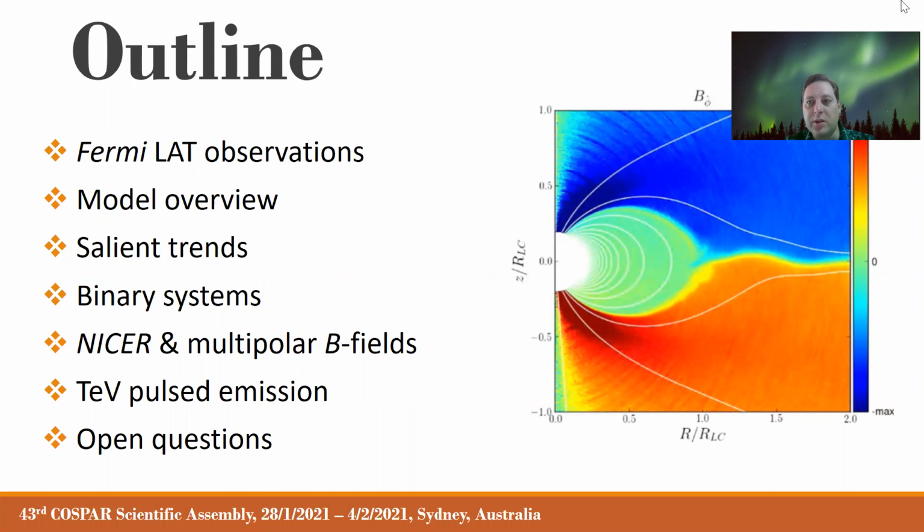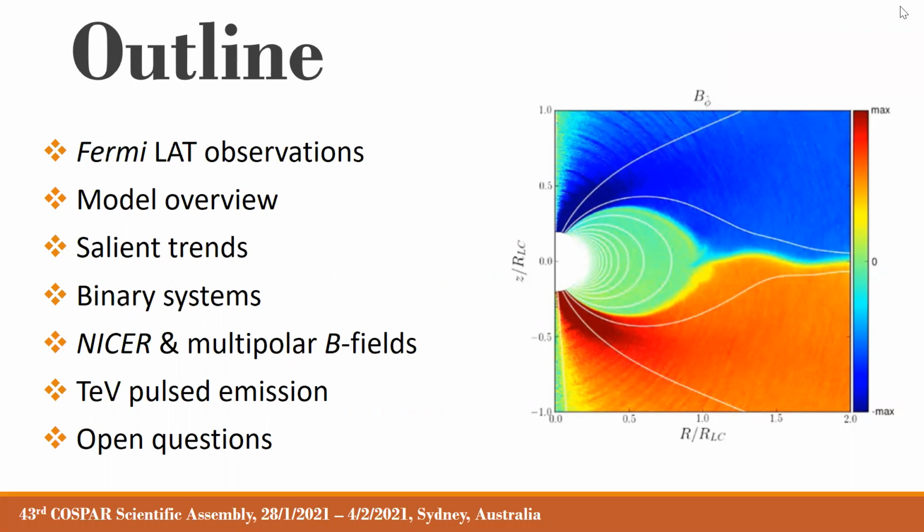And the outline of my talk is I will touch on Fermi-LAT observations. I will give a model overview of different models that we use to describe pulsars. I will focus on some salient trends that we believe are unanimously agreed upon.